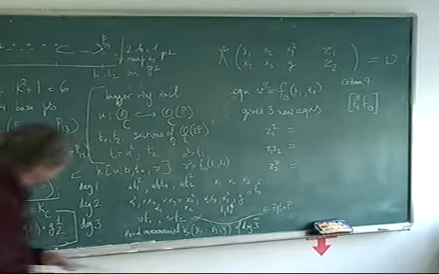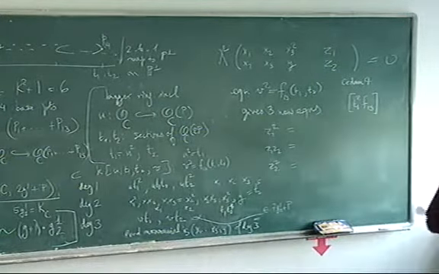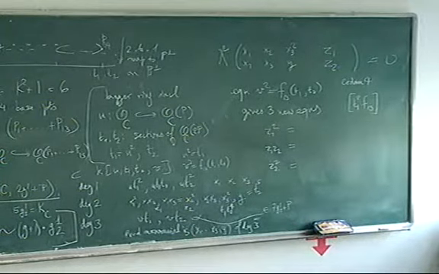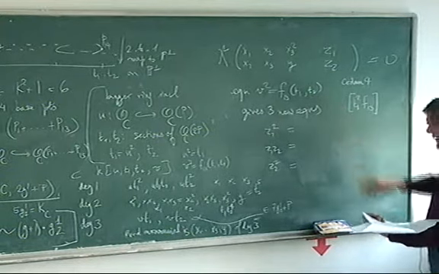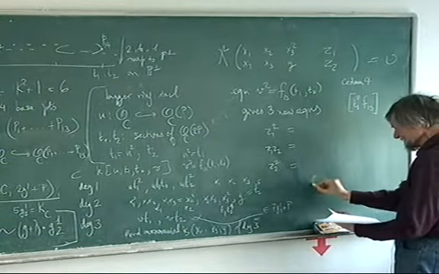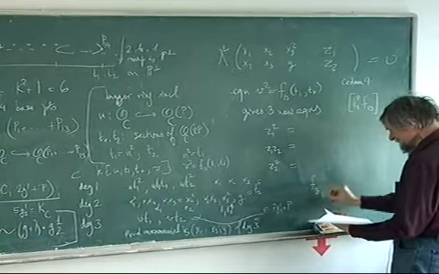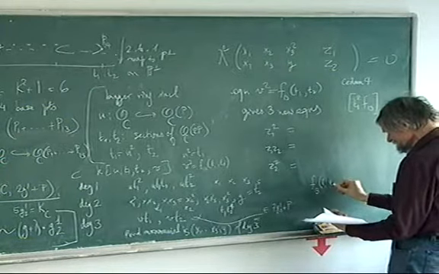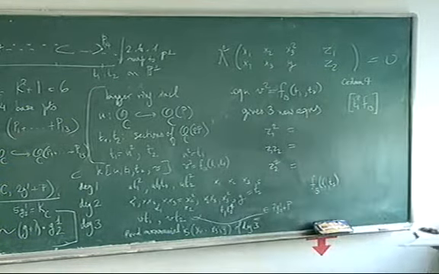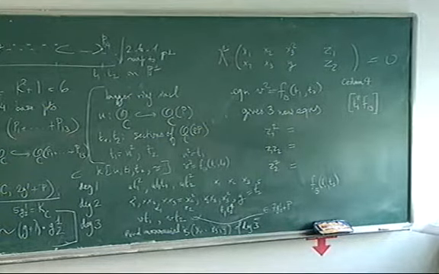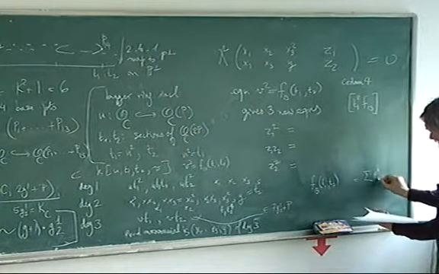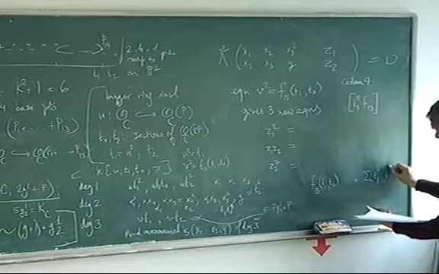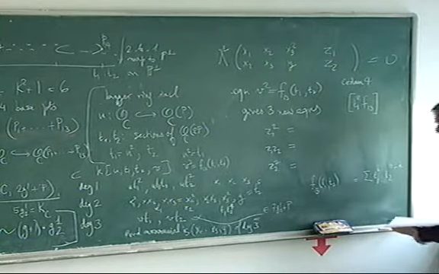And the choice I make seems to be completely harmless and completely trivial, but actually it's rather important. So the thing I'm going to do here is take my F13 of T1, T2, and this is a sum of terms, t1 to the I, t2 to the 13 minus I. Right?